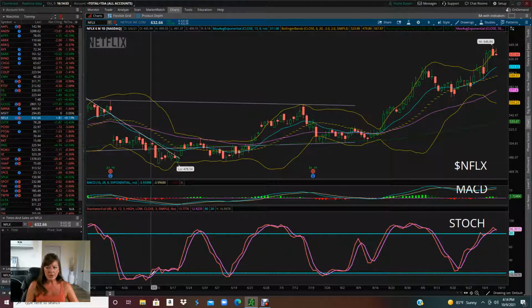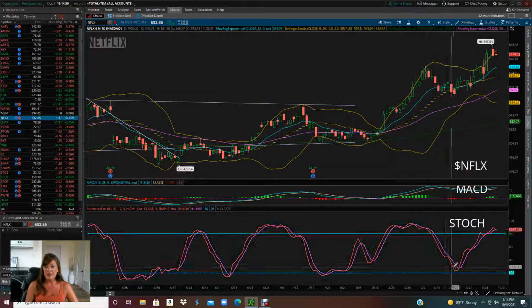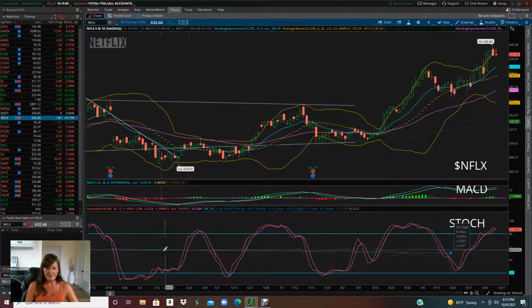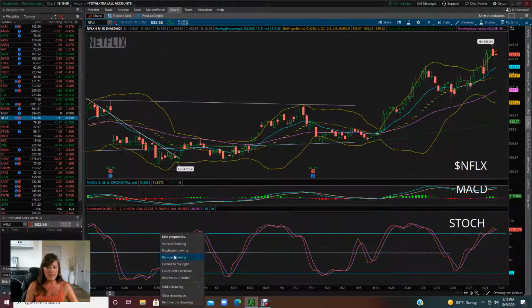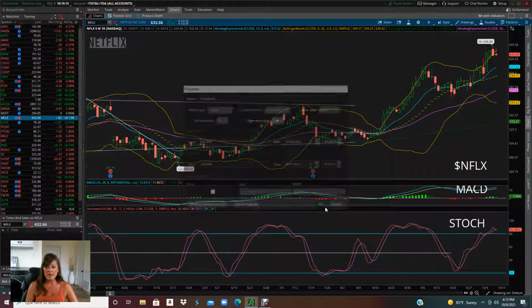Anyways, there's also an invisible 50 line that I draw in myself. I'll go ahead and put a 50 line in here. Right there's fine. And I'm weird, I always change mine to a dashed line.